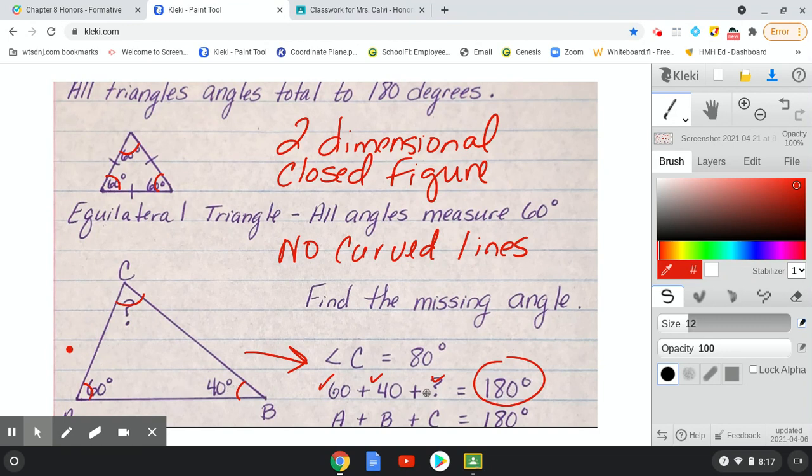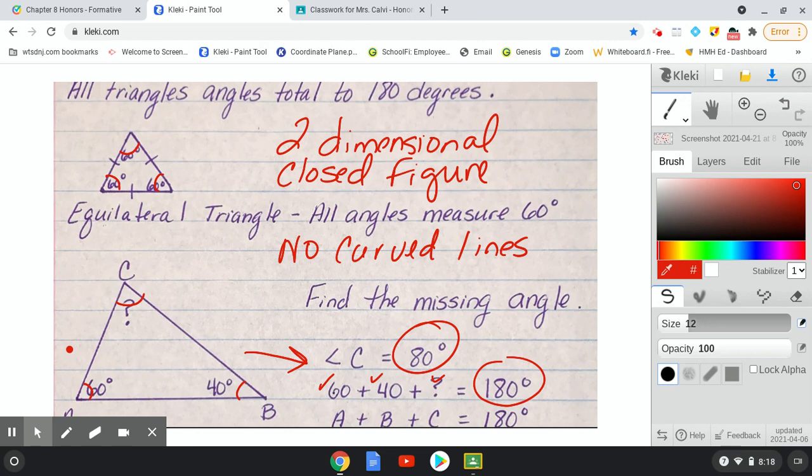To figure out my missing piece, I take 180 degrees, subtract 60 degrees, subtract 40 degrees, and I am left with angle C equaling 80 degrees. Pretty simple. A triangle is pretty much the basic of a polygon. We should just know that the interior angles of all triangles total 180 degrees.